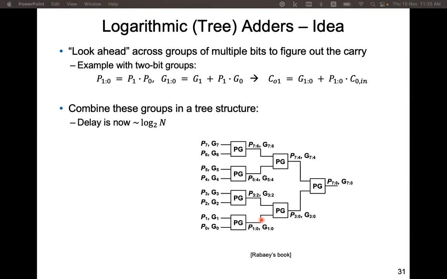I do this hierarchically. Then bits 5 and 4 are combined, and 6, 7 are combined. Then these two are combined into group 7 to 4, and then these two 4-bit groups are combined into an 8-bit group.